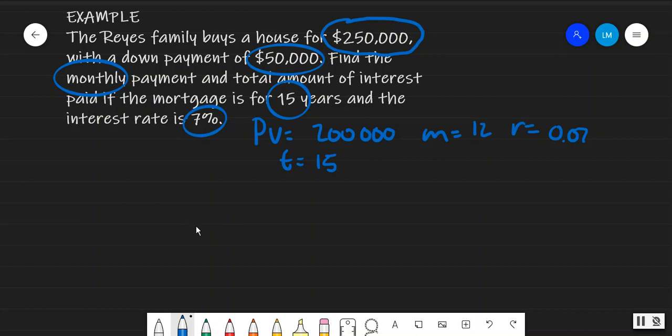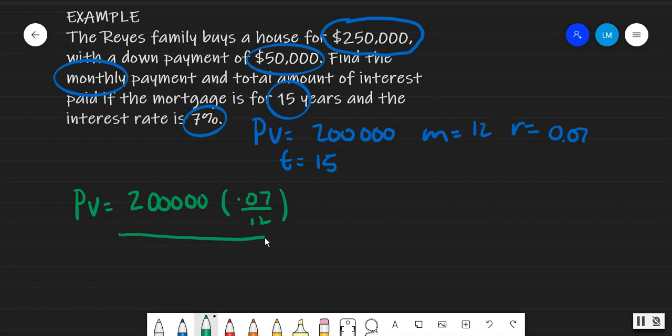This question is asking for the monthly payment and the total interest paid. So let's go ahead and do this. We have 200,000 multiplied by 0.07 divided by 12, and all of this is divided by 1 minus 1 plus the interest raised to the negative 12 times 15.